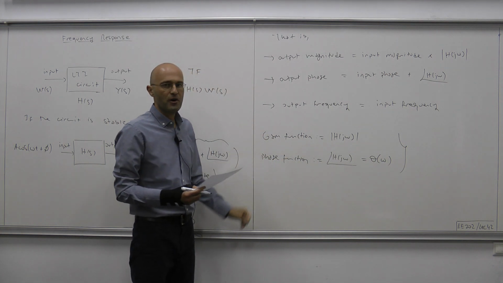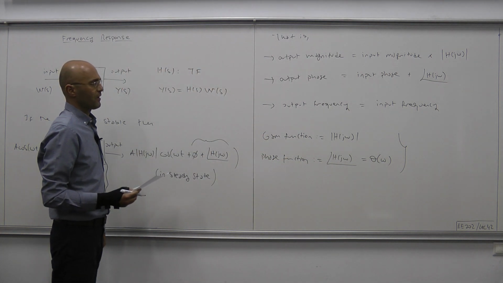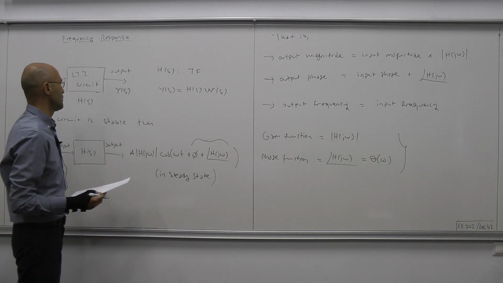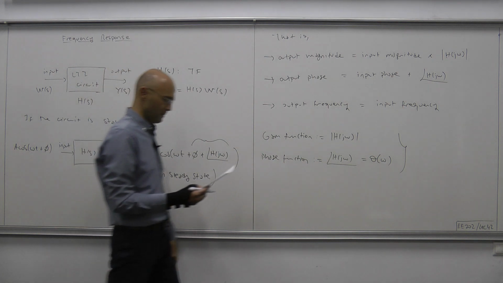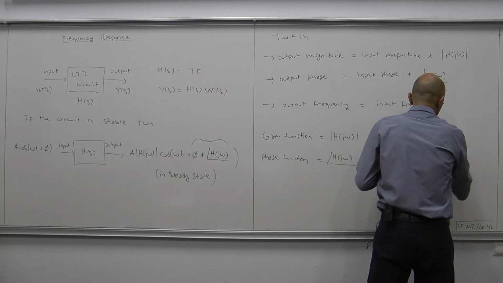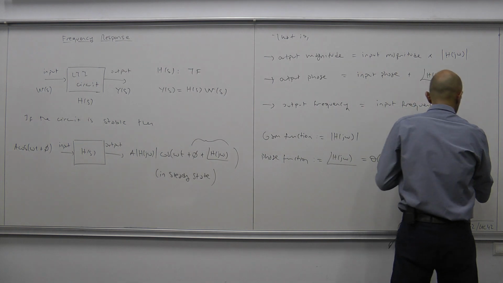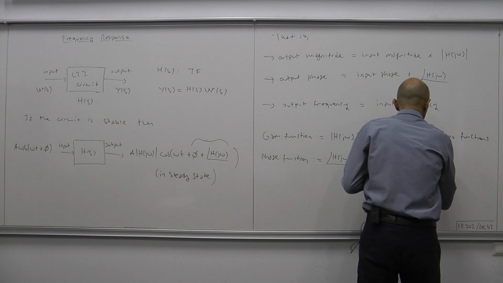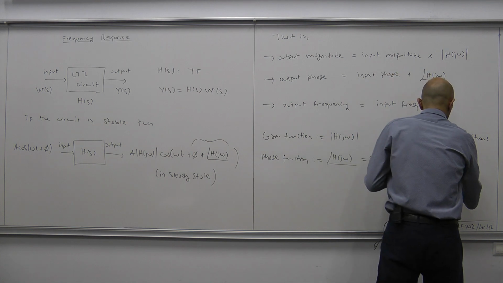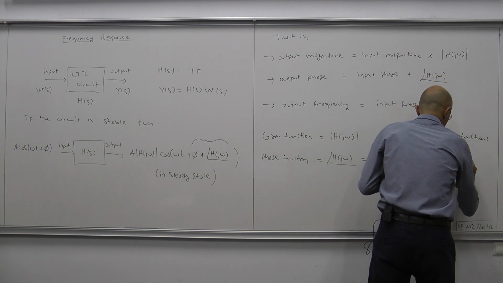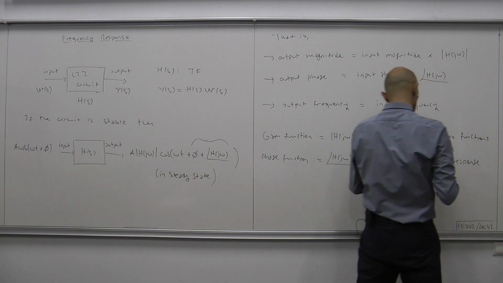This pair of functions is what we call the frequency response of a circuit or of a transfer function. These two functions define the so-called frequency response of the circuit.